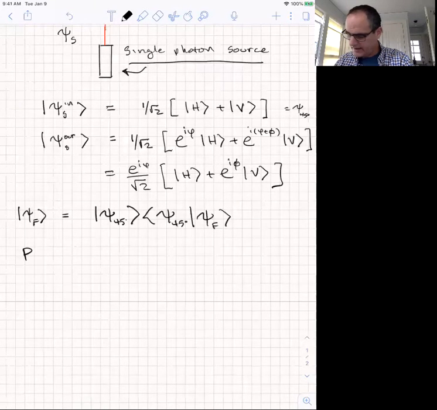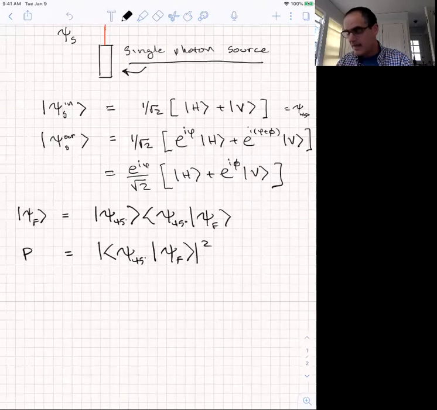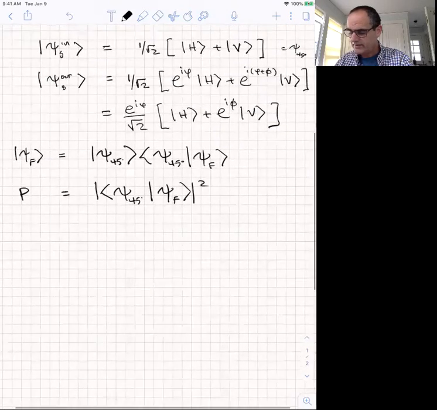And the probability of getting a count, assuming the detector is perfect and so on, we found works out to be psi 45 degrees psi f, absolute value squared. And now we can evaluate it and see what it looks like. So bear with me, it will take a couple of steps. And the result is kind of nice.